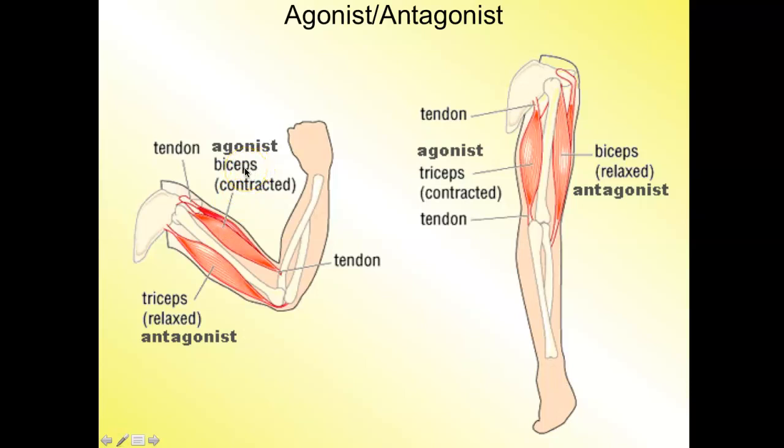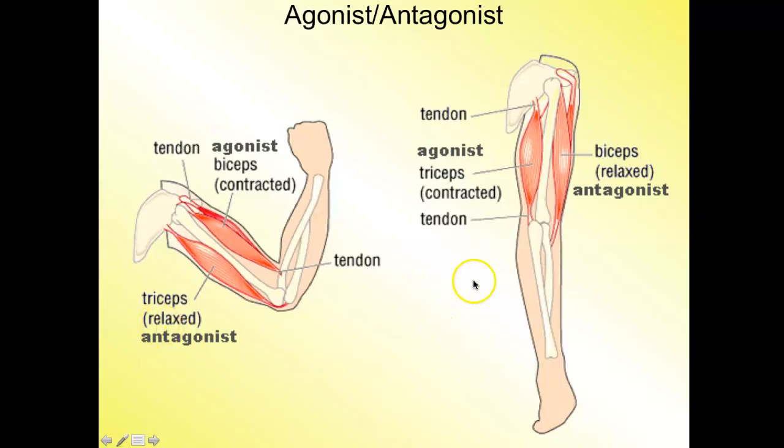So let me just say that if we're talking about flexion of the elbow, so this picture, what's our agonist? Our agonist is going to be the one that creates the movement. So it's going to be our biceps brachii. What's the antagonist to the biceps? It's going to be the triceps, okay?